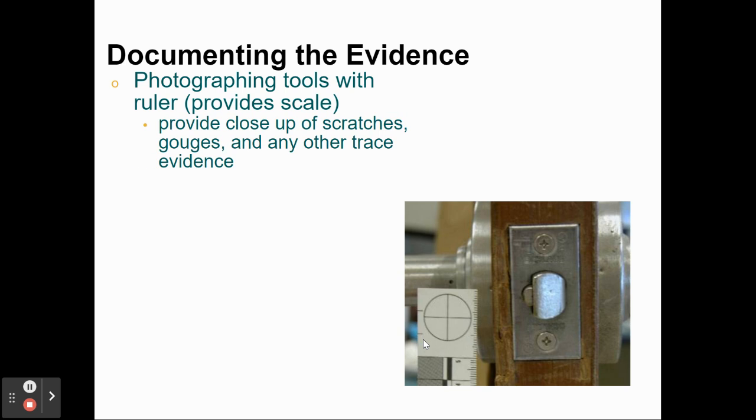Like I said, provide any close-ups of anything that you may find there. Potentially, there could be other trace evidence that's embedded in those marks, depending upon how the item was used. So let's say, again, in the case of someone being dismembered.